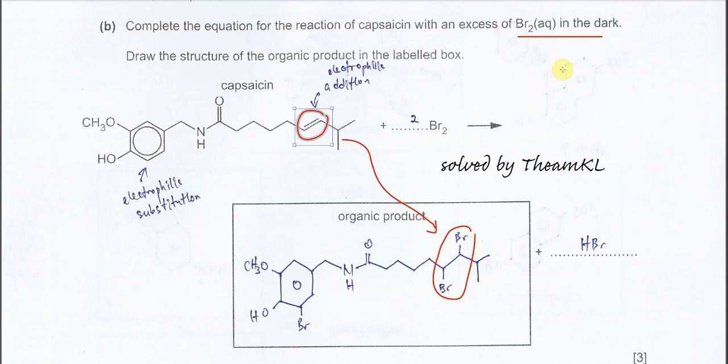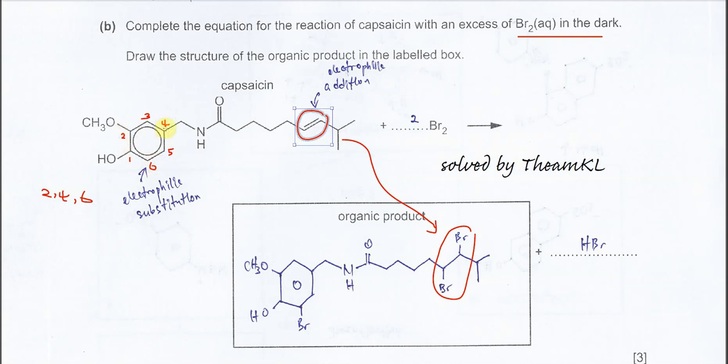Of course, the bromine will not just react with the CC double bond, it will also react with the phenol here. We know that the phenol is directing 2,4,6 substitution, so the electrophilic substitution will happen. Let's say this is the first carbon, then the second carbon, fourth carbon, fifth, sixth.